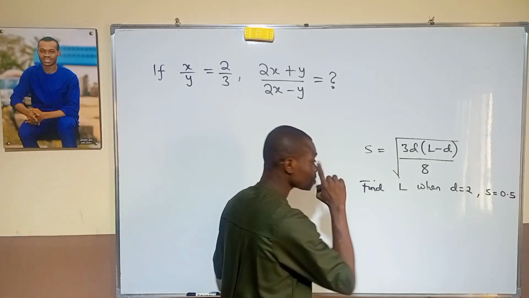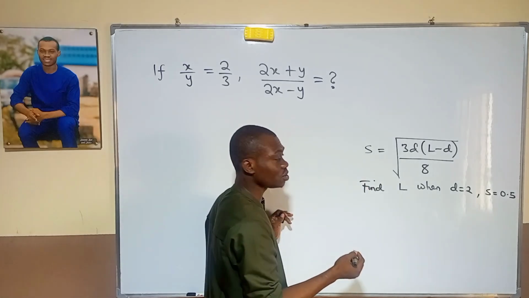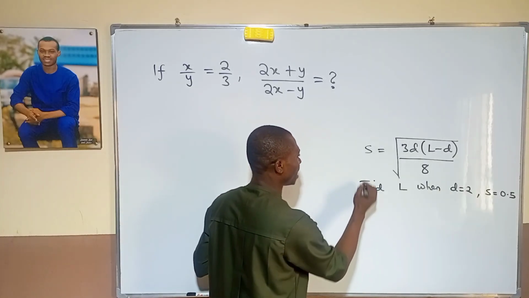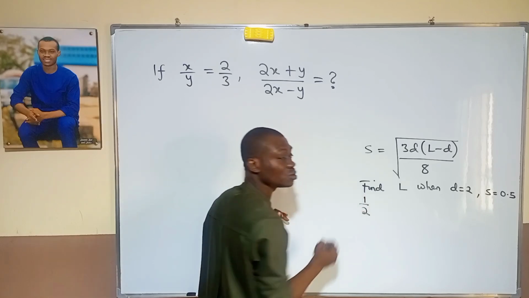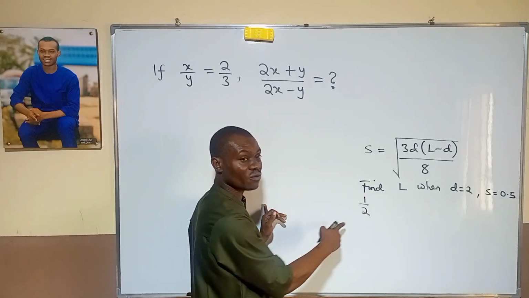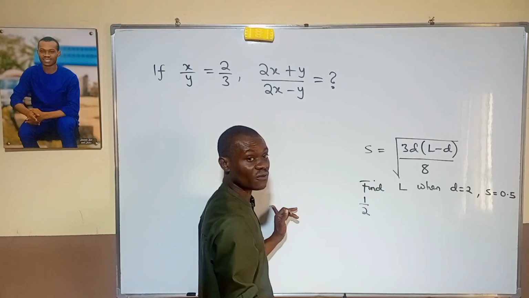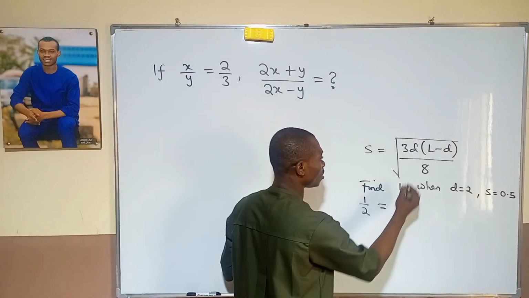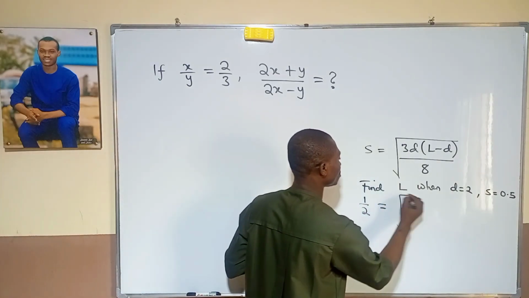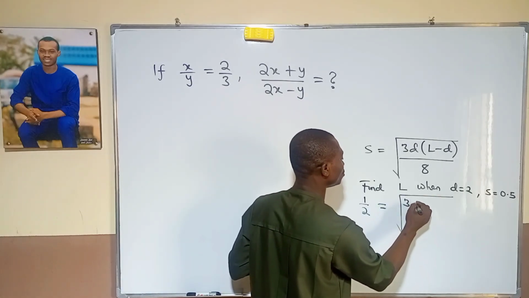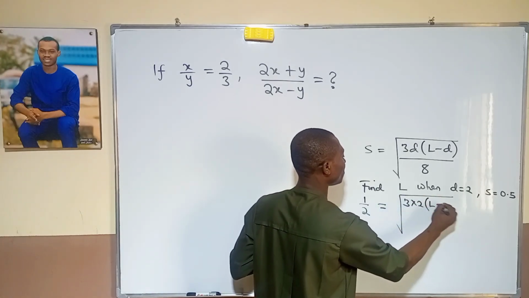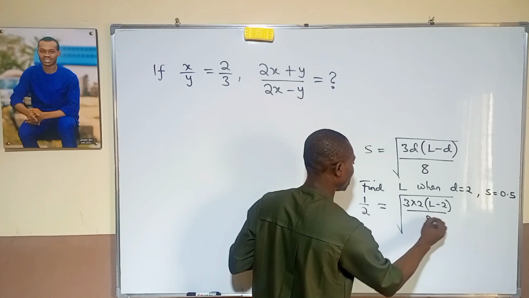So here now, I'm just going to go ahead and substitute. I'm going to substitute my S as 0.5, and 0.5 is 1 over 2. There's a reason why I'm putting it as 1 over 2, since the other side is also a fraction. And so this is equal to the square root of 3 times my D, which is 2, then L minus 2, all over 8.